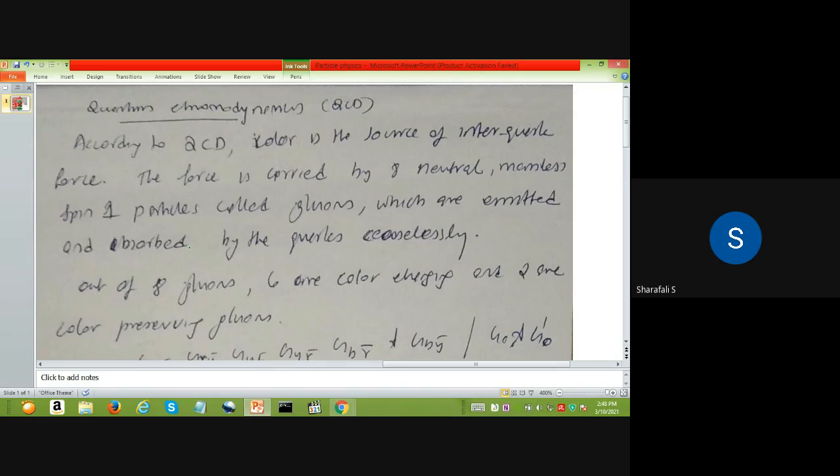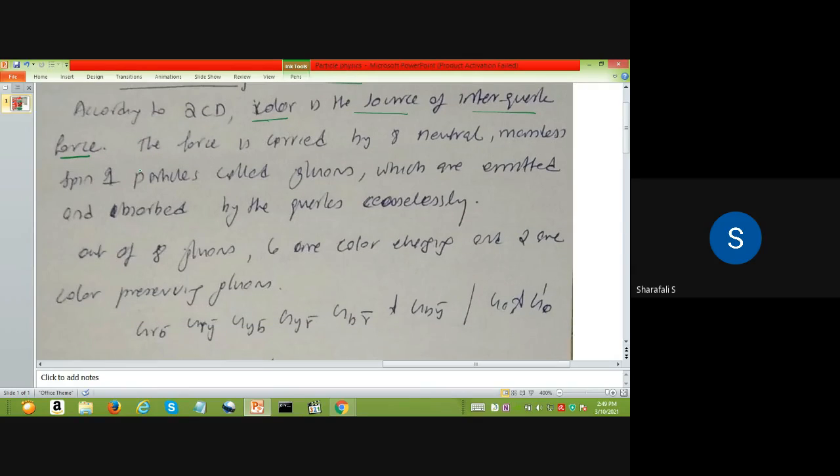If you try to separate them and make a free quark, that is not possible, and you have to give very high energy. So according to QCD, quantum chromodynamics, this color is the source of the inter-quark force, the force between those quarks.